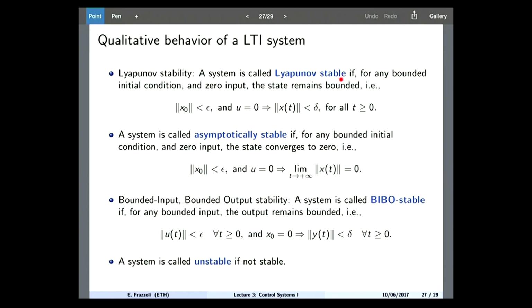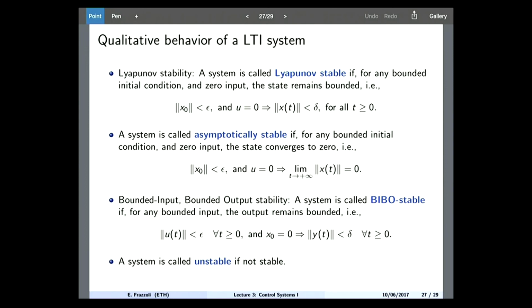So Lyapunov stability means that for any bounded initial condition and 0 input, my state will never deviate from the origin, the equilibrium point, by more than some delta. Now, a stronger property is asymptotic stability.